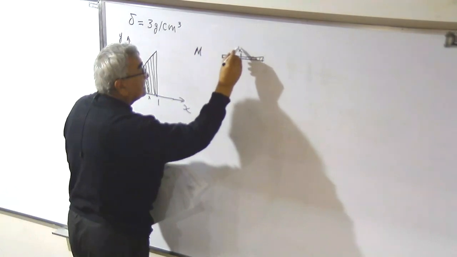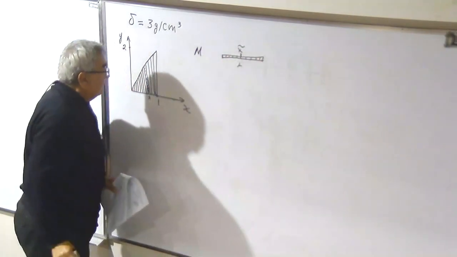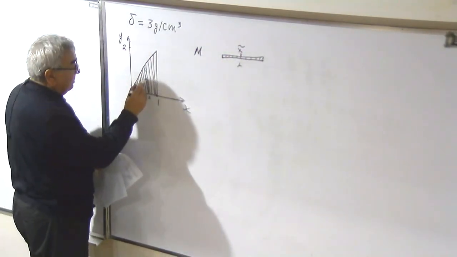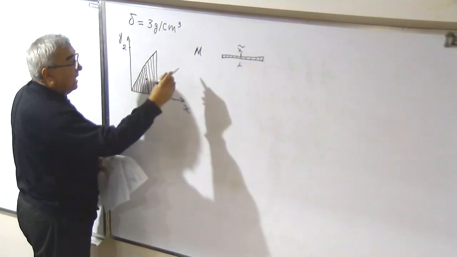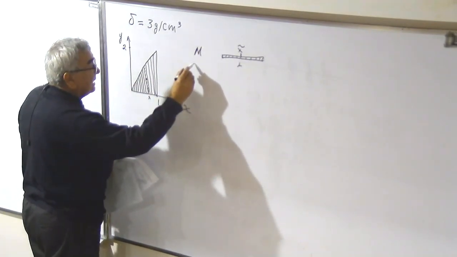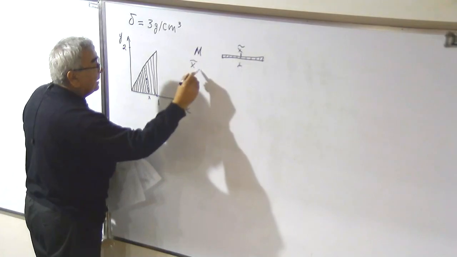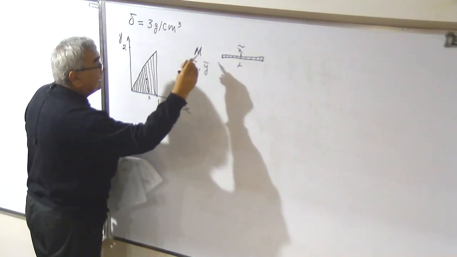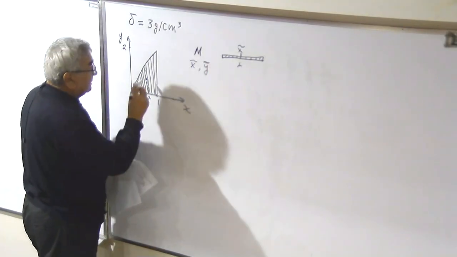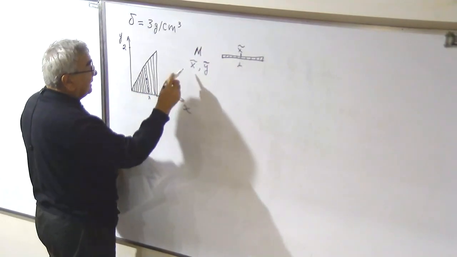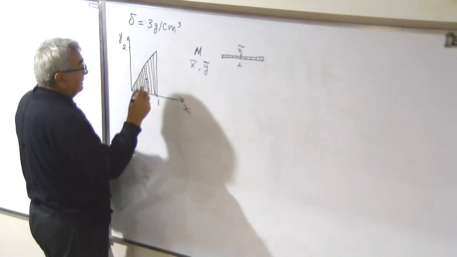I will write the coordinates of this center of mass as x tilde and y tilde. How do we define x tilde?